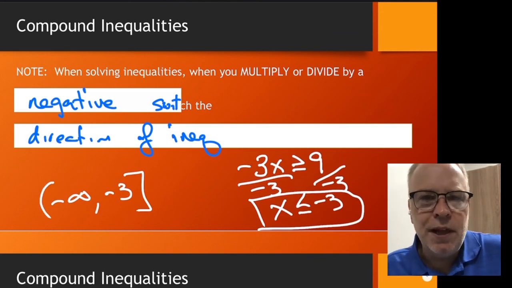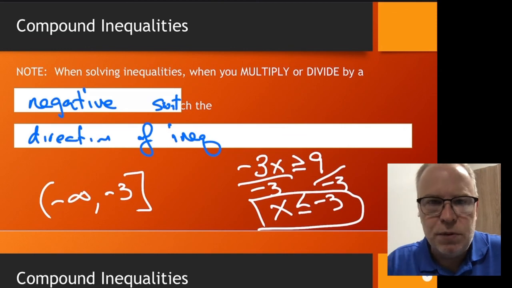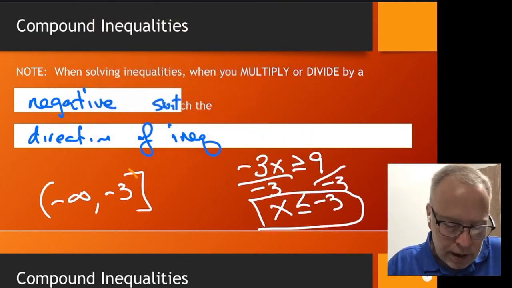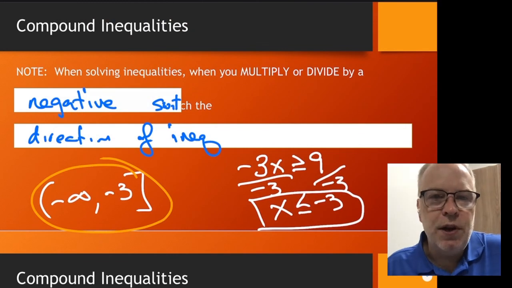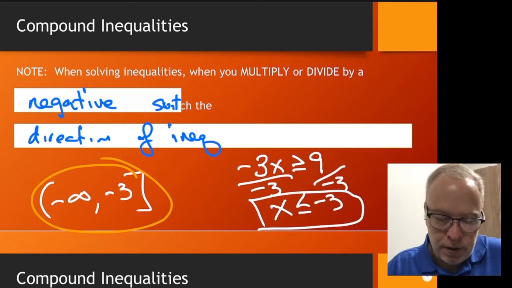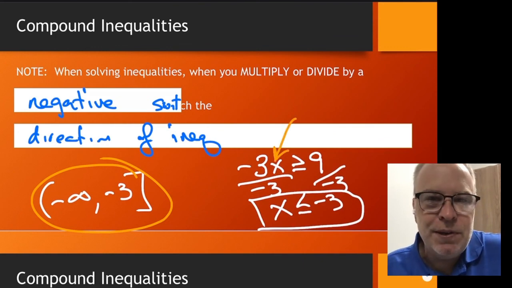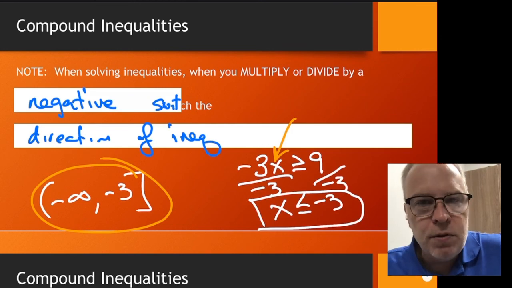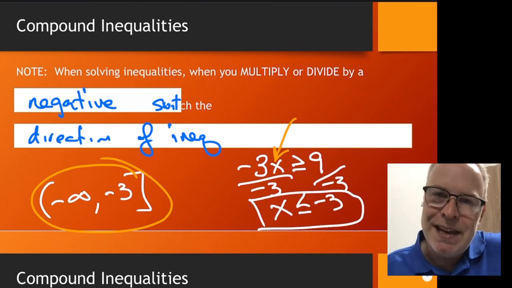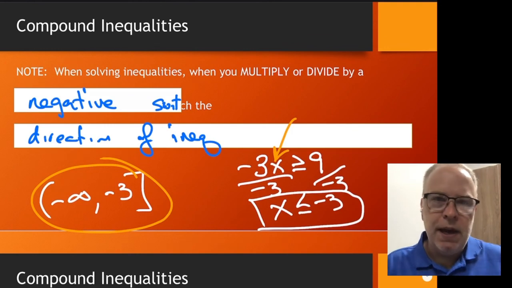And by the way, let's just try it. Let's just put something in. Let's go back and say, all right, let's pick a number in this region. What's a number that's between negative infinity and negative 3? Let's try negative bazillion, right? That's a number, bazillion. So if you put negative bazillion in there and then you multiply negative bazillion times -3, what do you get?